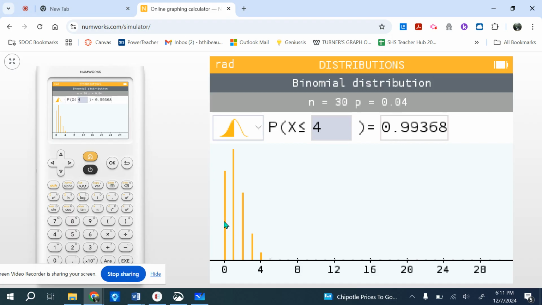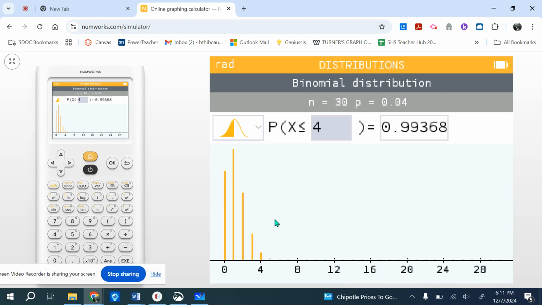Also, you will notice I've got all of these bars. So this is probability x is 0, and then 1, and 2, and 3, and 4. And then if you can see these teeny tiny little ones down here, I've got 5, 6, 7, 8, all the way up to 30. If it is not orange, if it's gray, that means it is not included in this total over here.